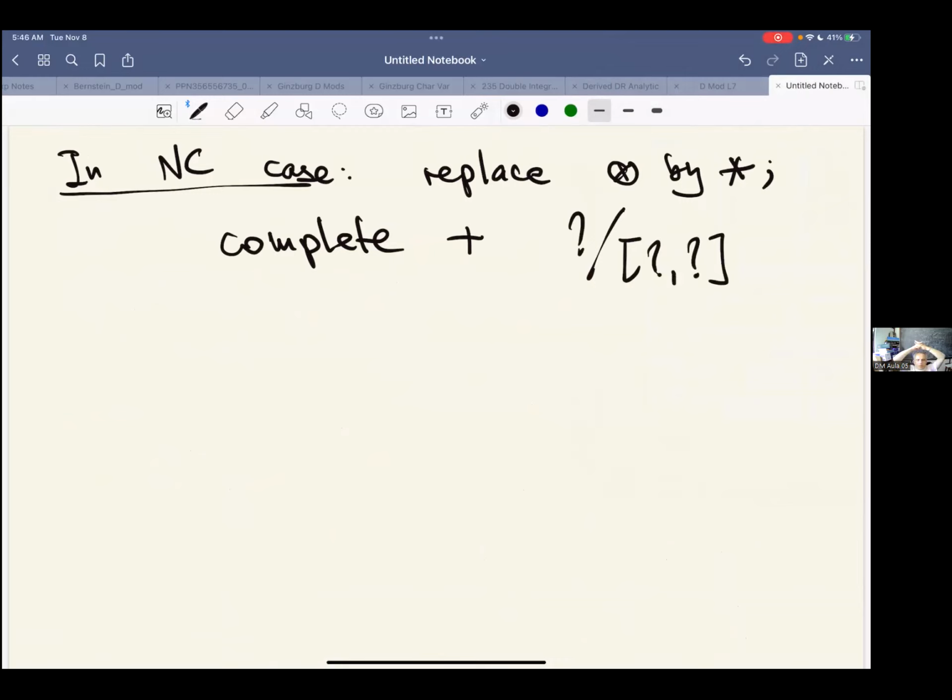In the non-commutative case, you could do the same thing, but you could also replace tensor product by free product, and then in the spirit of this theory, factor out commutators, and you will get non-commutative crystalline cohomology, which will be identified with periodic cyclic homology.